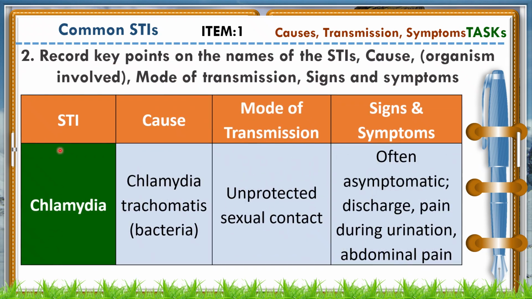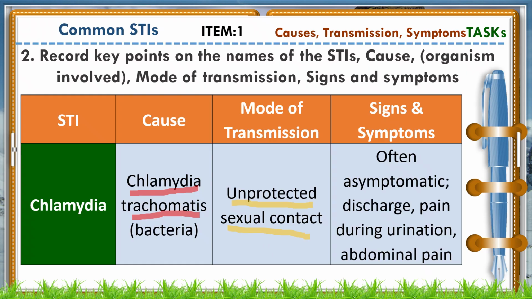Then we have another STI, chlamydia. The causative organism is Chlamydia trachomatis. This is a bacteria, and the mode of transmission is unprotected sexual contact.